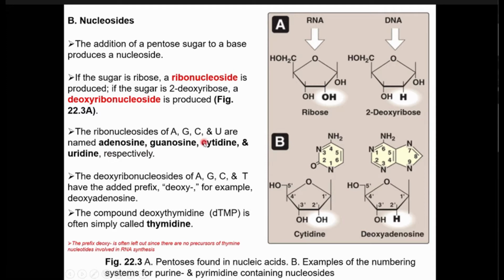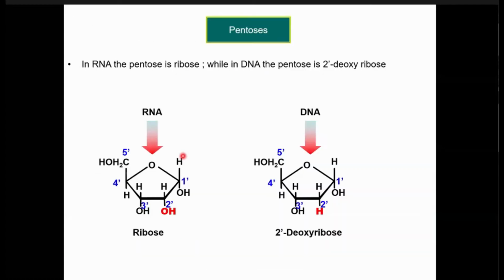That's why when I started, I told you it's very important to focus on the nomenclature of the bases and nucleoside and nucleotide, because later on I will use guanosine. You should know when I say guanosine, it means guanine plus sugar.